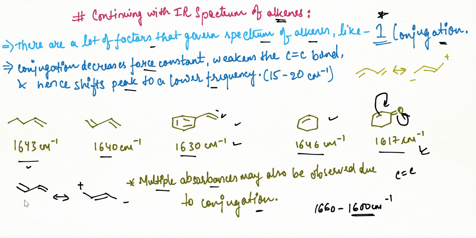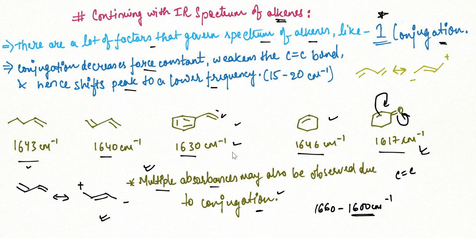So here we can say we are having two alkenes, so we are going to get some peak for these two, but definitely we can also get a peak for this one because of the conjugation, because of the various resonance structures that we are having. Okay, so we can say that we can observe multiple absorption peaks for the conjugated alkene system.